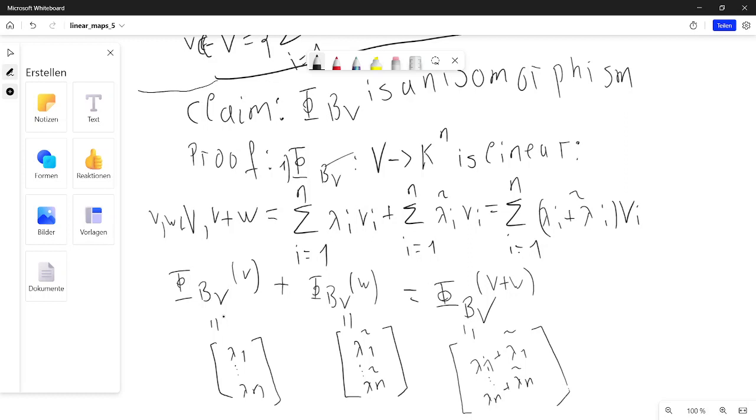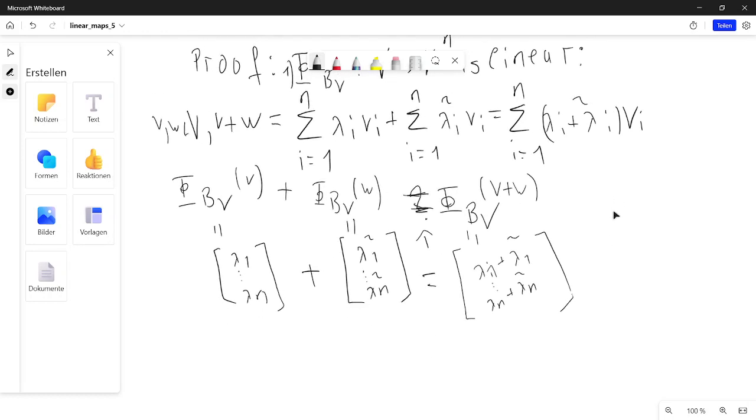So this is the coordinates of this, in K^n, and the equality here is not yet clear, but we have that equality because this is just the rules of how we compute the sum of the vectors in K^n, right? So this is really equality, justified by this equality, right?